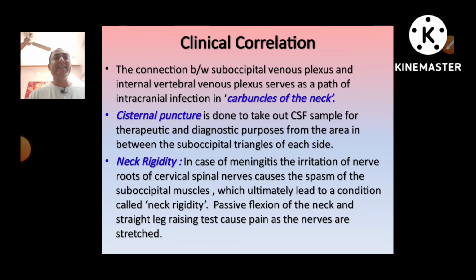In case of meningitis, the irritation of the nerve roots of the cervical spinal nerves causes the spasm of suboccipital muscle. So if you remember, two nerves, C1 and C2, dorsal ramus of C1 and C2, cervical nerves. Mainly they supply the suboccipital muscles. So if there is meningitis, infection of the meninges, then those nerves will also be irritated, and it will cause the spasm of all these suboccipital muscles, which ultimately leads to a condition called neck rigidity.